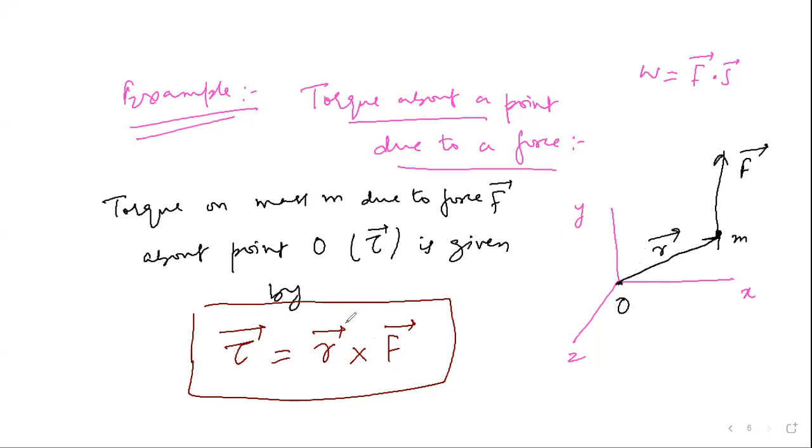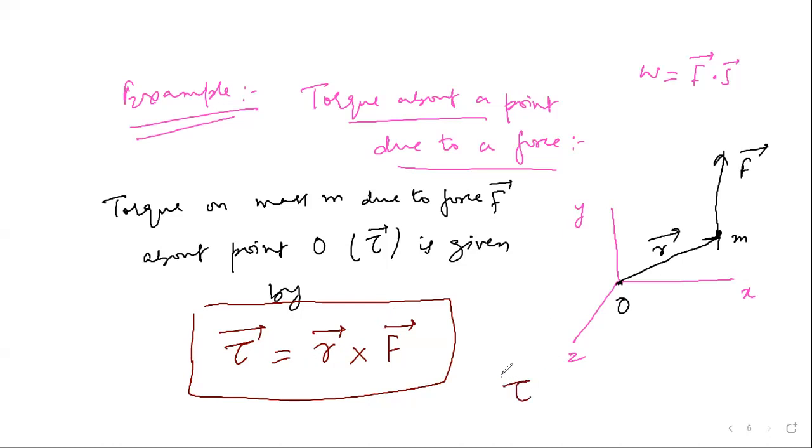Its SI unit will be Newton meter. It is a vector quantity. It will be perpendicular to r and F both, or perpendicular to the plane formed by r and F. And to find which way it points, you have to use the right hand rule.